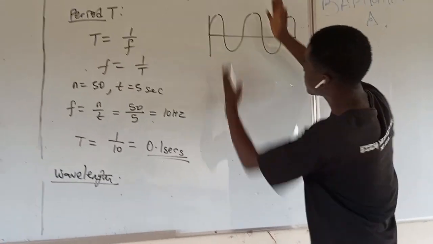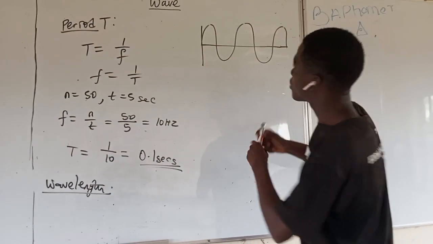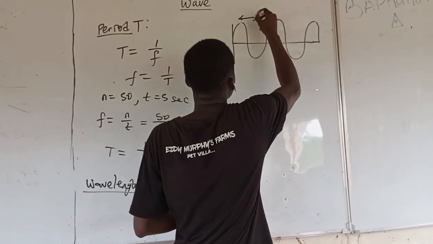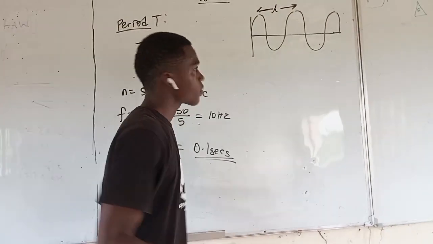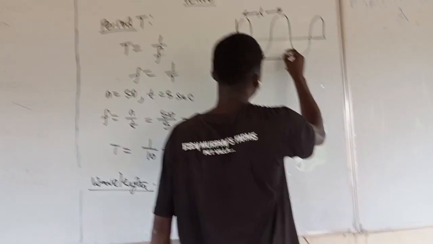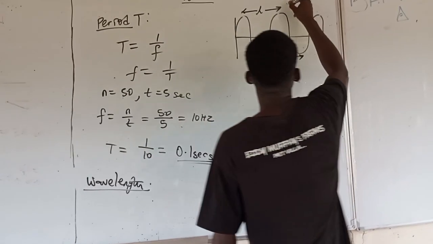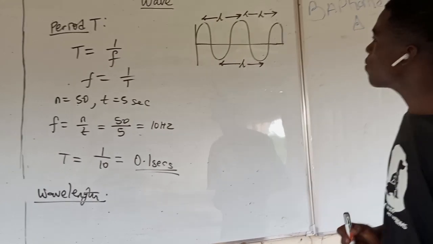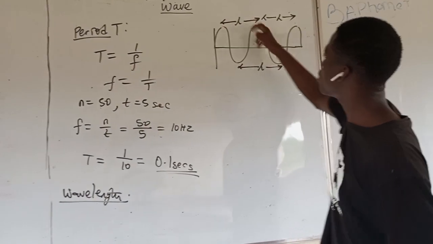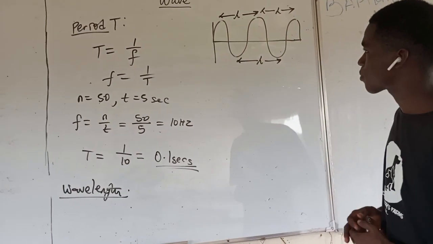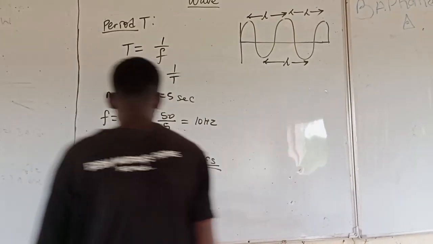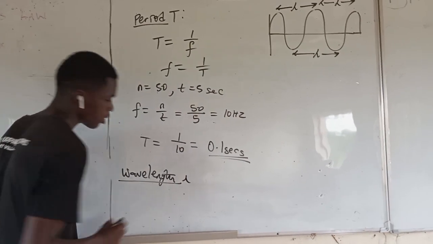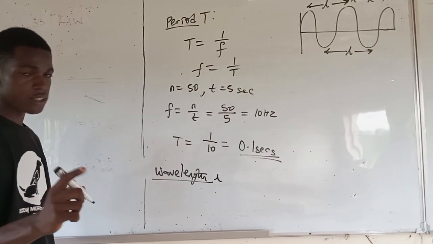It means crests that are following each other. The distance between them is called wavelength. So wavelength is defined as the distance between two successive crests. The symbol for wavelength is lambda.